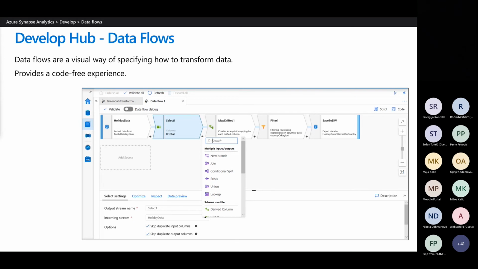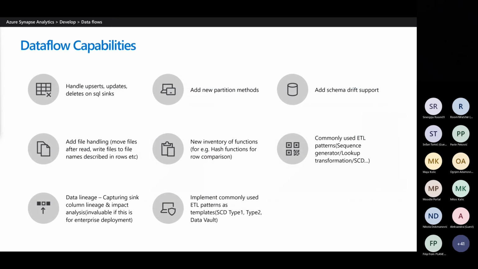So you need to create data flow tasks and transform the data from one type to the other, or moving data or partitioning. Any types of ETL you would like to do, you can use data flows built into Develop Hub to do the transformation of the data, which provides a code-free experience for your data transformation needs. So these are some of the data flow capabilities available.